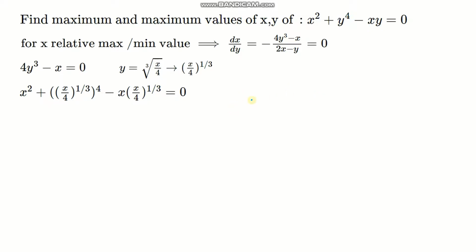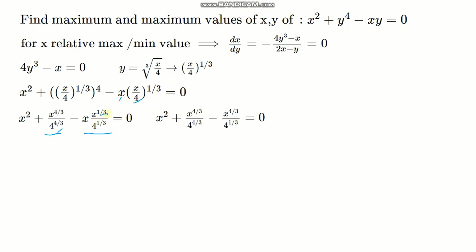Simplifying, x squared plus x to the 4 over 3 over 4 to the 4 over 3, minus x times x to the 1 over 3 over 4 to the 1 over 3 equals 0. Now we have x squared plus x to the 4 over 3 over 4 to the 4 over 3, minus x to the 4 over 3 over 4 to the 1 over 3 equals 0.